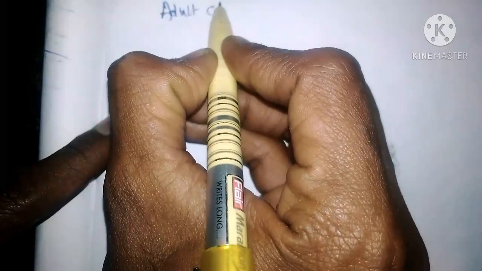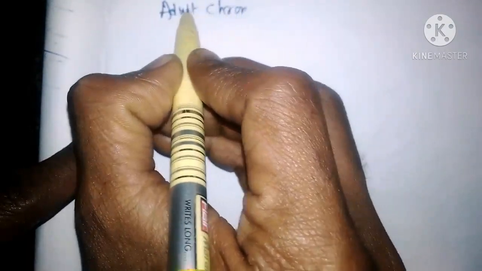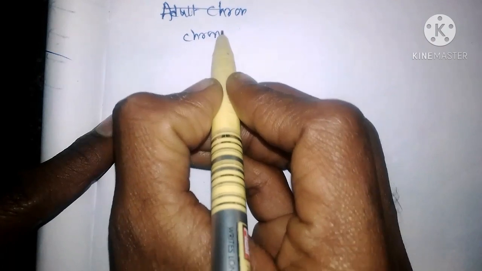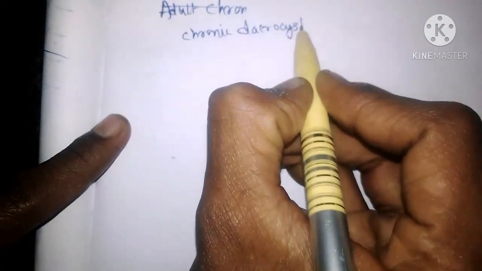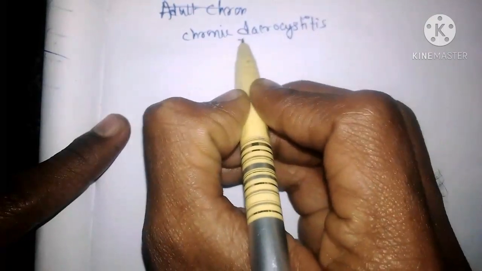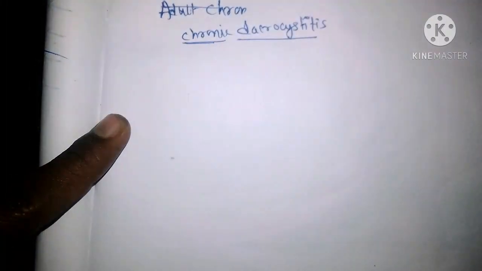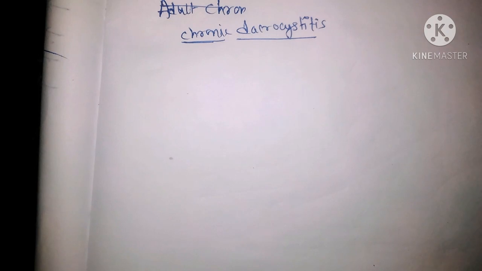So, in this lecture, we mainly focus on adult chronic dacryocystitis. Clear? First, we have to know why there is dacryocystitis, why there is inflammation of the lacrimal sac.